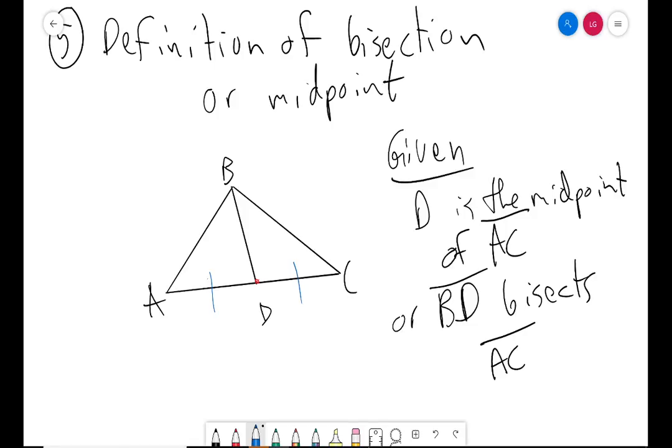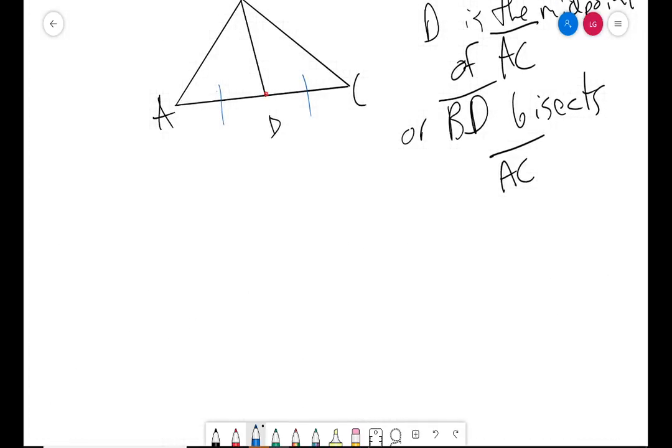The same can be said, and I'm keeping this under the same context here, about angle bisection.